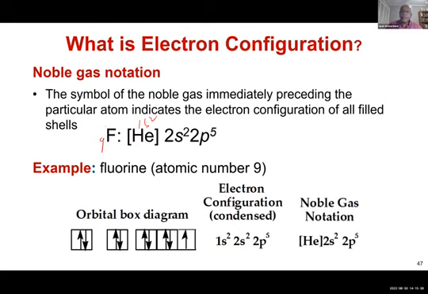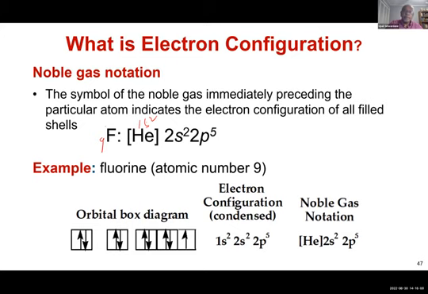Now, if you look at this, the 2p orbitals here, there are 3 of them. When you're filling them up, you put 1 in each box on the box diagram at first.